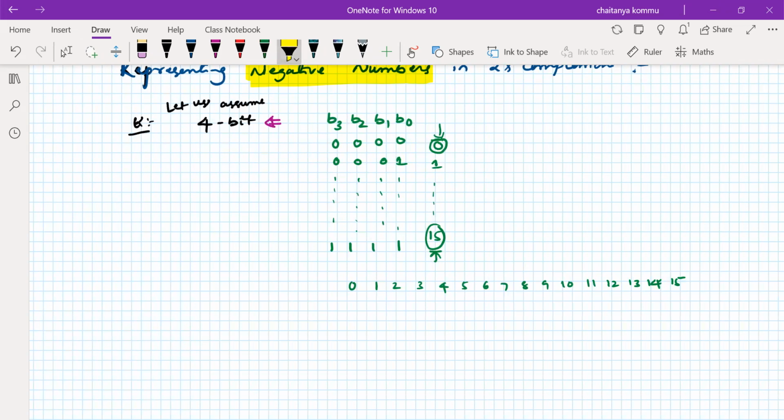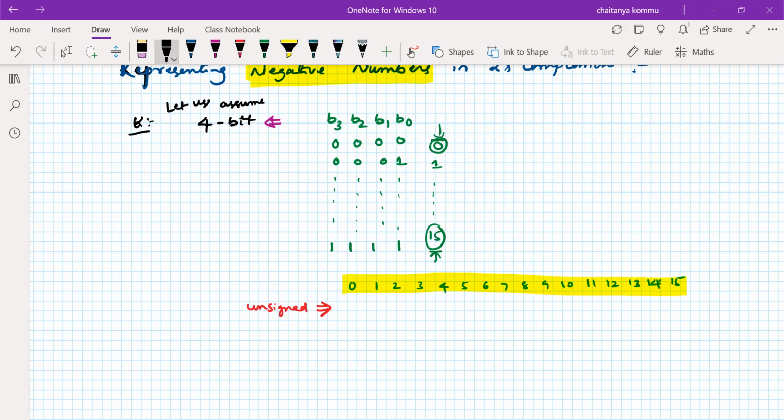They do not have any sign; the positive numbers are what we call unsigned numbers. So if you're using the 4 bits, I am able to represent 0 to 15, right?